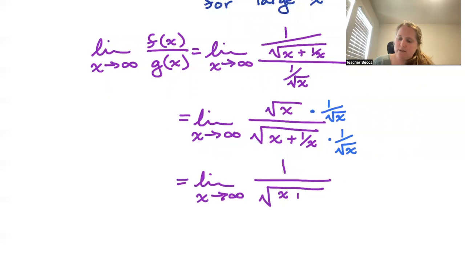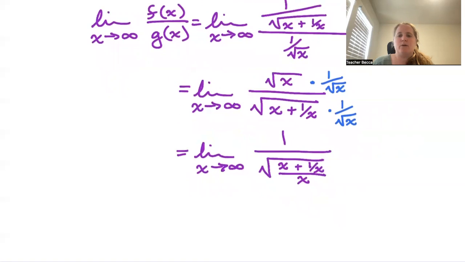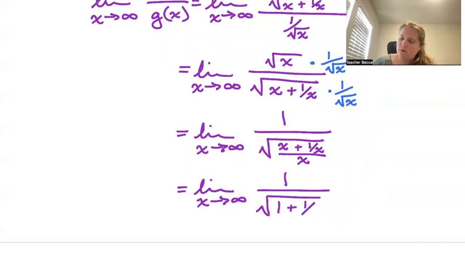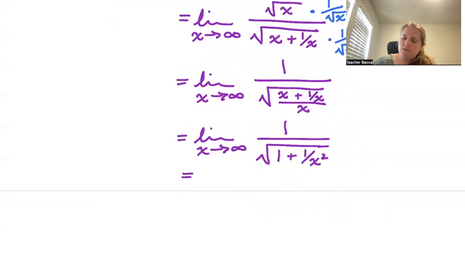So we'd have an x plus 1 over x all divided by x inside our square root. This is just the limit as x goes to infinity of 1 over the square root of 1 plus 1 over x squared, which again is simply equal to 1. So this limit, once again, exists.